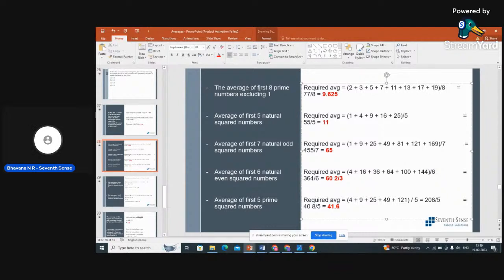So the first 8 prime numbers: 1, 2, 3, 4, 5, 6, 7, 8. So 8 numbers, and the answer will be 9.625. I will just give the next question for you to solve. The first 5 prime numbers including 1, starting from 1, what is the average we will get?